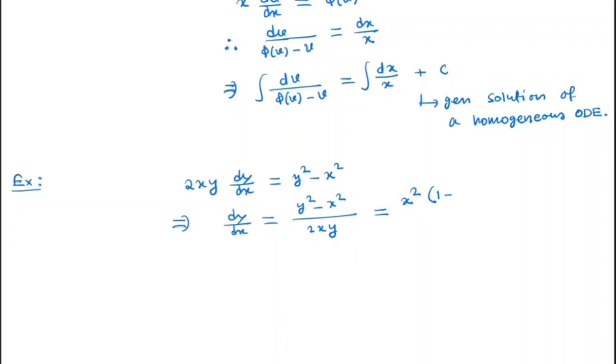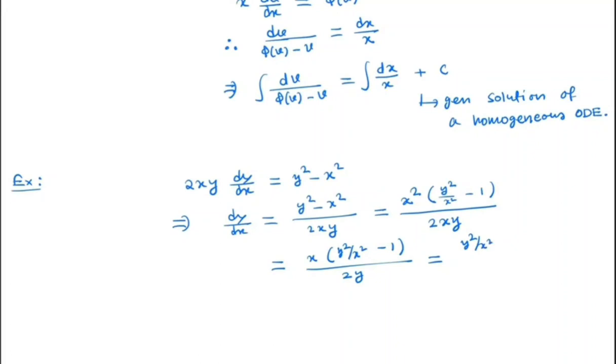So in the numerator we have y square by x square minus 1, and in the denominator we have 2xy over x square, which is 2 times y by x. So we can write it as (y square by x square minus 1) by (2 y by x).